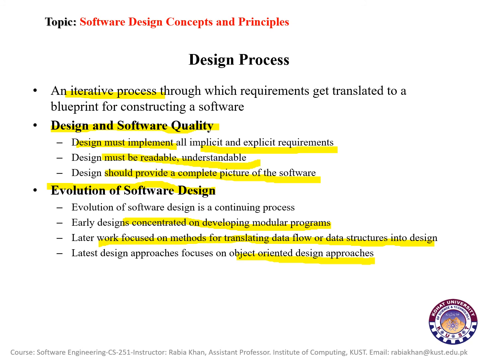Today, the most emphasis in software design is on software architectures, and how different design patterns can be used to generate modular or iterative designs. So this is how software design activity evolved in different phases.